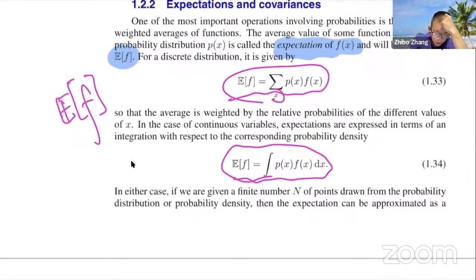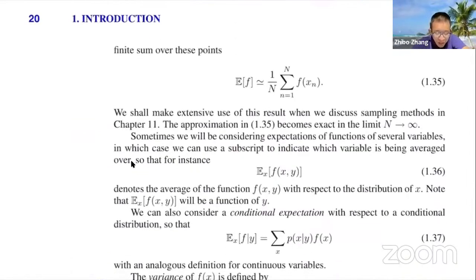So in the case of a discrete probability, it's going to be the sum over all x. And in the case of a continuous density, it's going to be an integration over the valid interval range. In either case, if we are given a finite number of points drawn from the probability distribution or probability density, then the expectation can be approximated as a finite sum over these points.